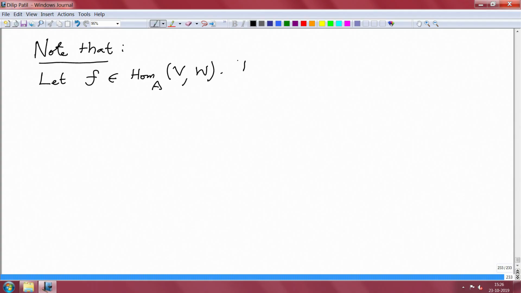So note this statement: let F be an A module homomorphism from V to W. Then you can write down the exact sequence from this homomorphism. Then the sequence of A modules.